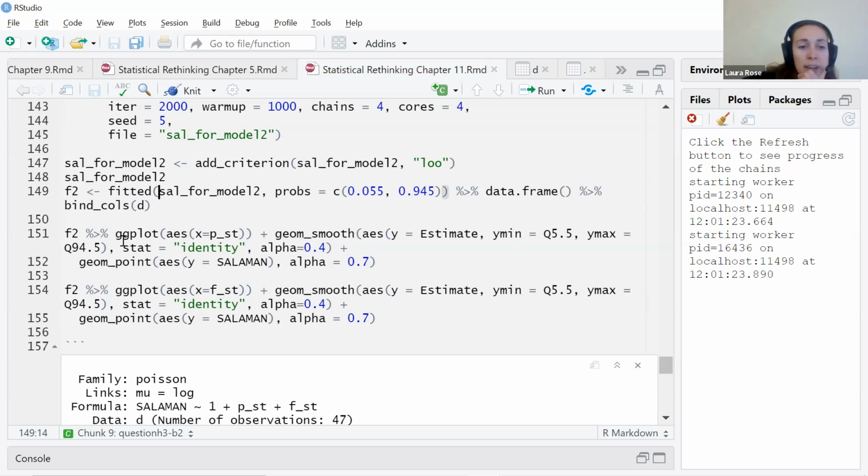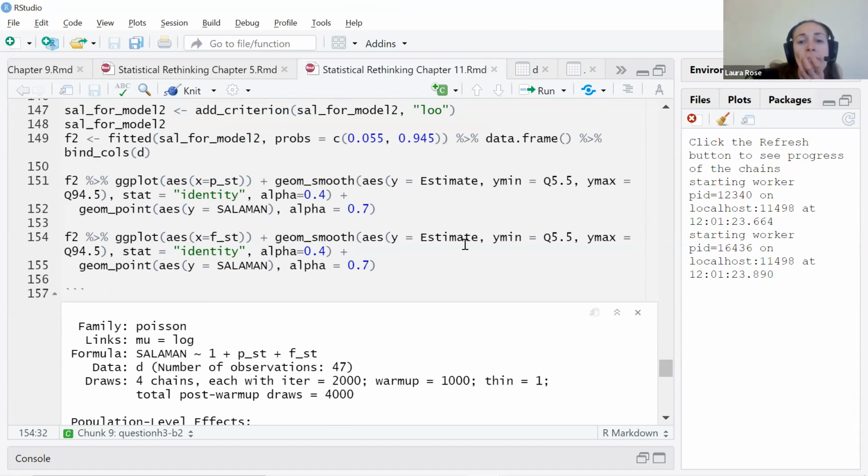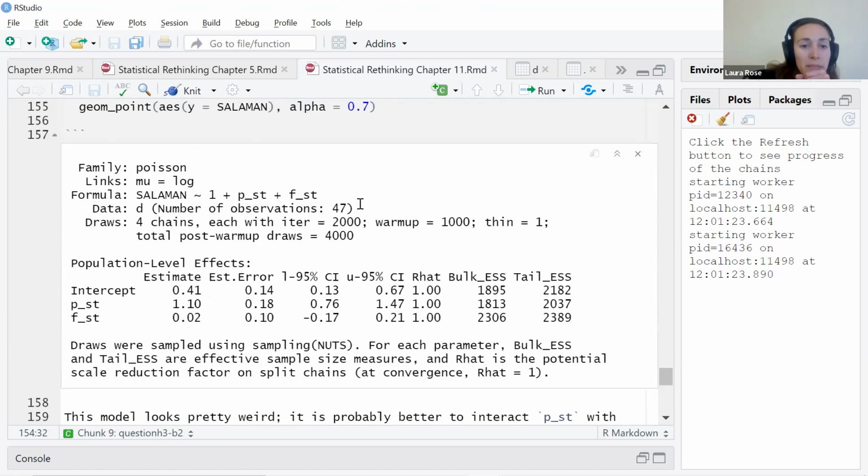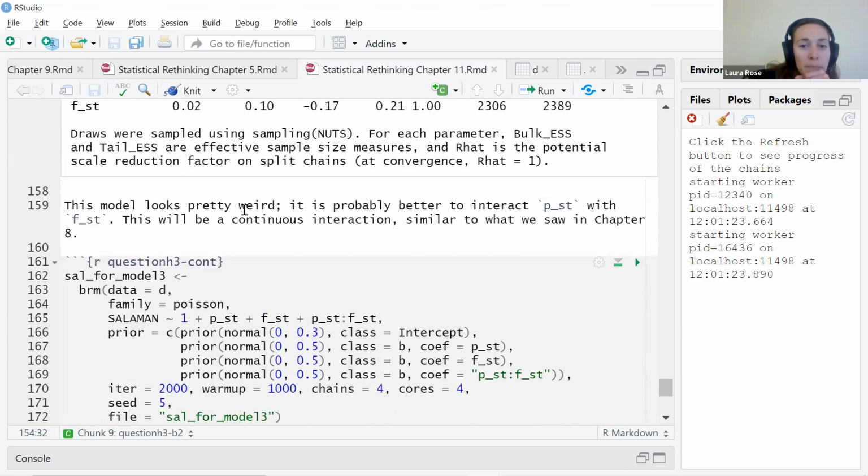If I had more time, I would do that whole holding this constant, choosing the -1, 0, 1. I think that's in chapter 8 where he talks about it. But there's just some weird stuff going on here that made me go, eh. Yeah, that looks pretty weird.